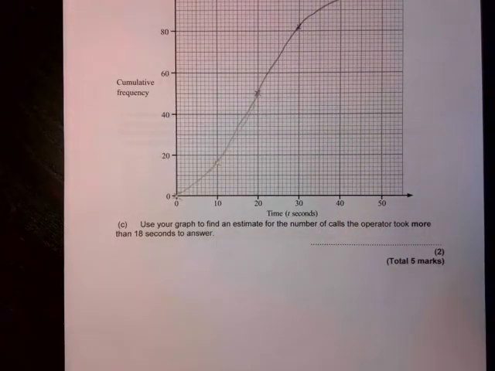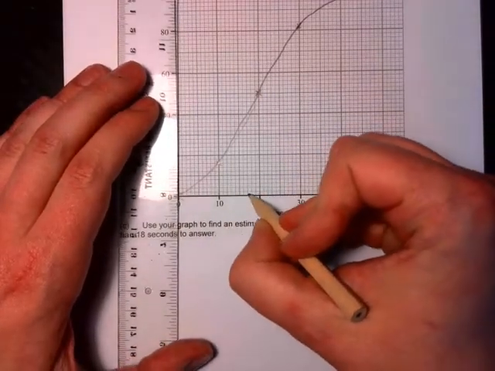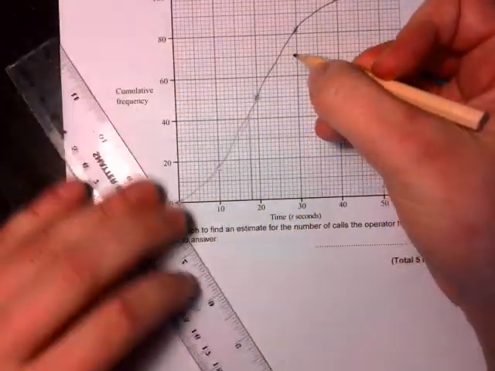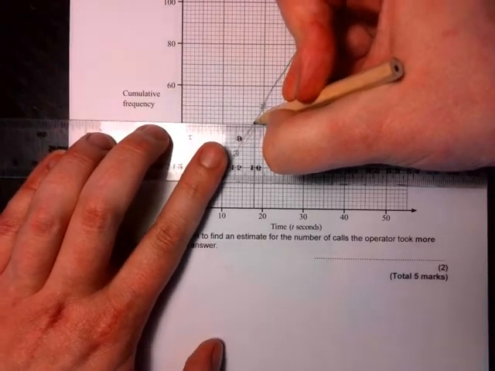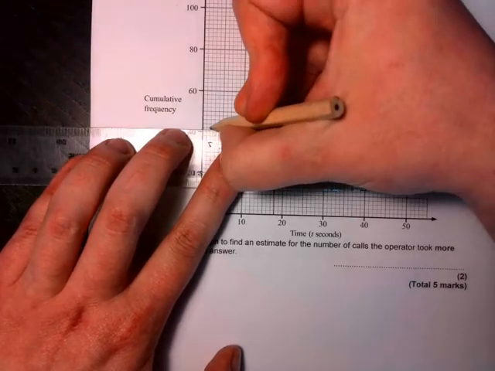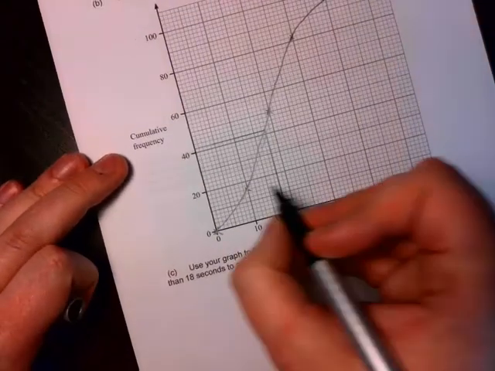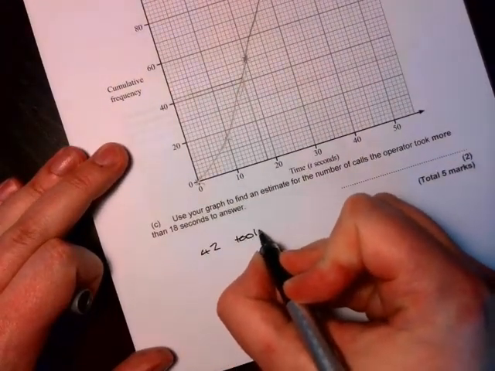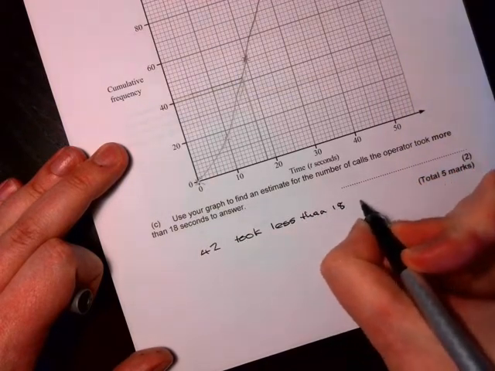Okay, so we've got to use a graph to estimate the number of calls that took more than 18 seconds. So we find 18 seconds on our time axis, draw a line up, and then across to the cumulative frequency. Whoops, sorry. So it looks like 42 calls took less than 18 seconds.